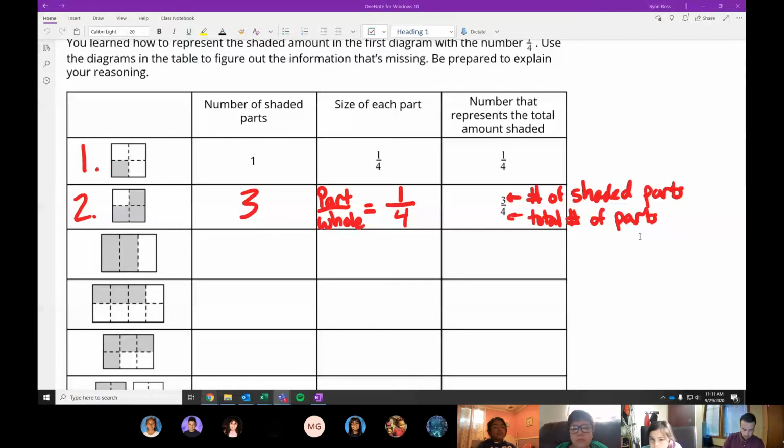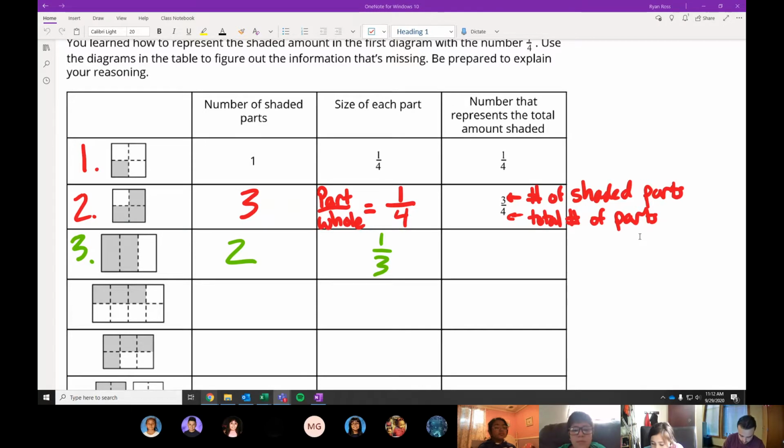Fernando, do you want to help us with problem number 3? Yes. Okay. Go for it. There's 2 shaded. Okay, 2 shaded. Okay. And 1/3. Yeah, 1/3.